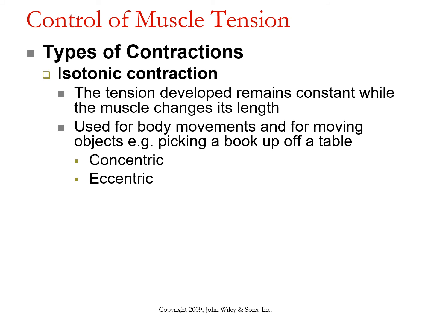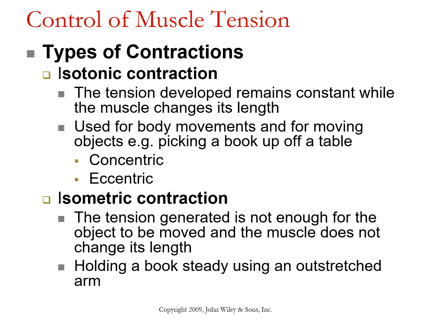The tricep resists the activity of the biceps, and as it contracts, it is actually lengthening. That is called an eccentric contraction. So if it's changing length, it's isotonic. If the change in length is shortening, that is concentric. If the change in length is lengthening, that is eccentric.